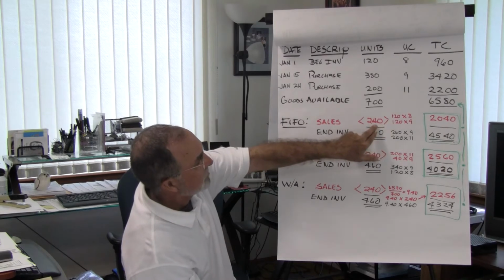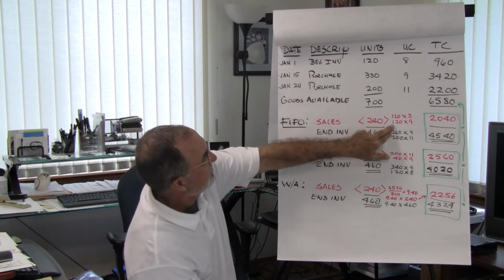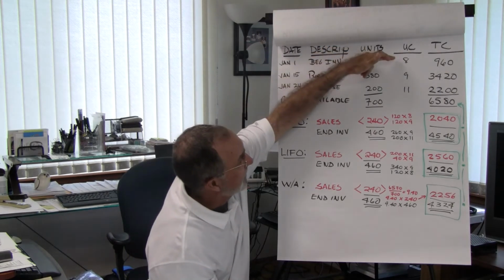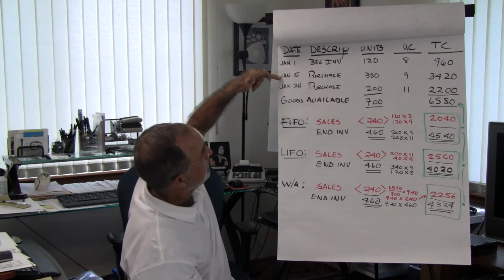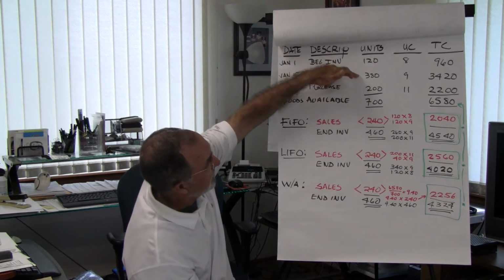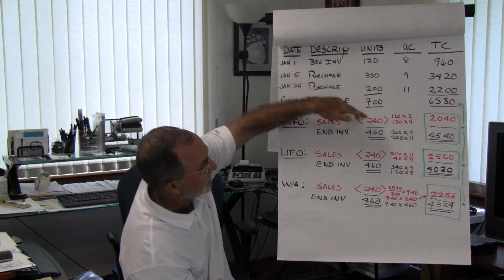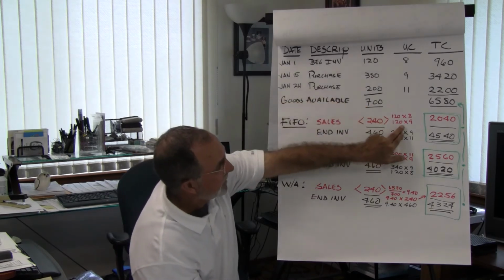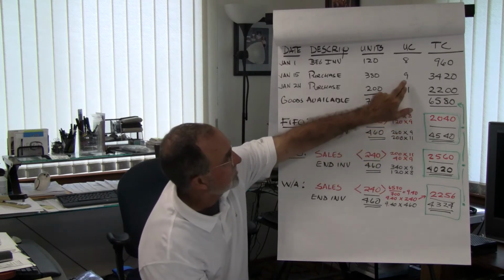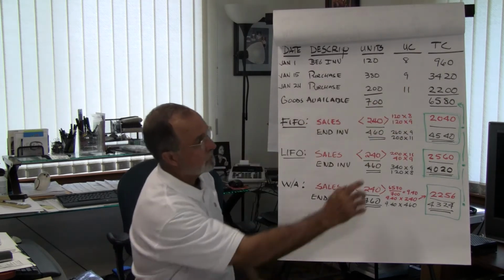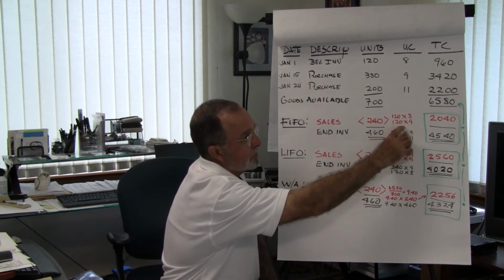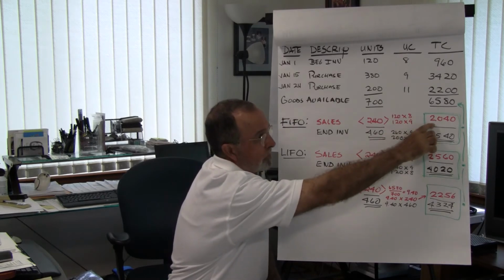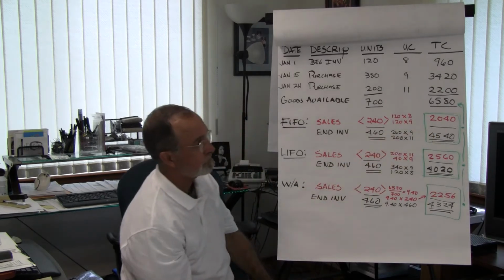So we sold 240, so under FIFO that would be comprised of the beginning inventory, 120 units at $8, and then out of the first purchase for the month, out of this 380, we need another 120 units to make the 240, and those units cost us $9. So when we calculate these two amounts, we get a total of $2,040.